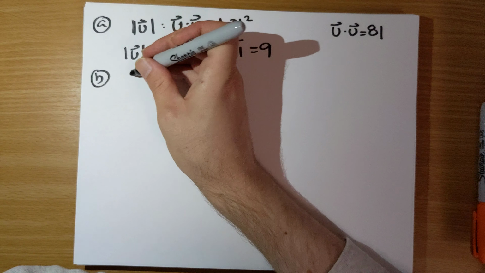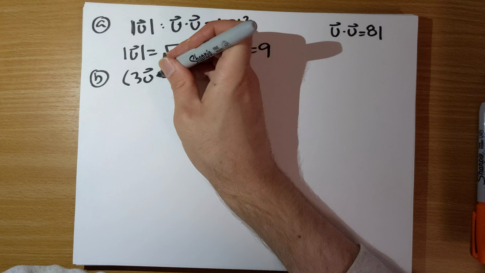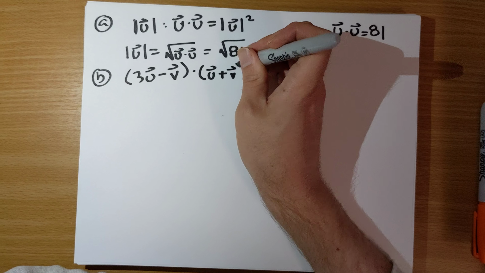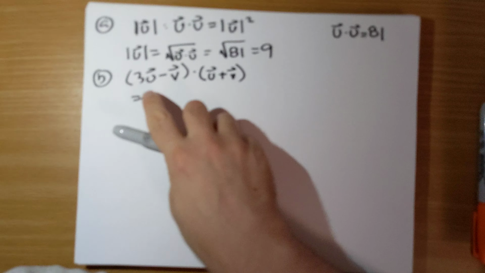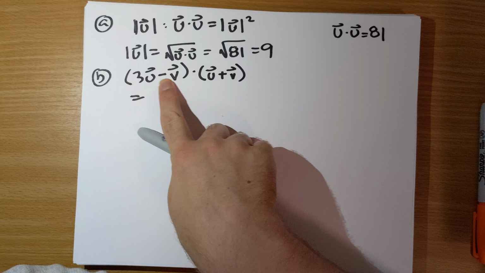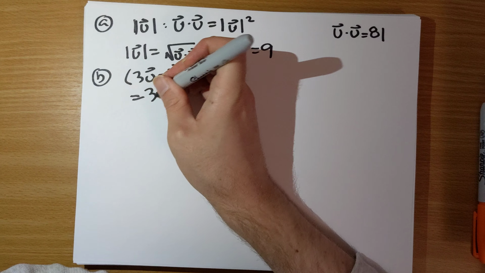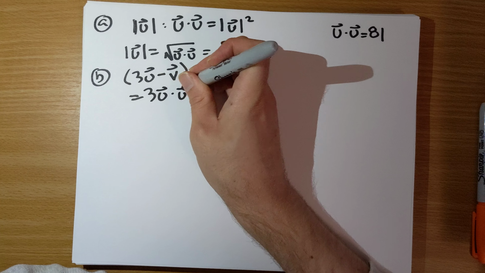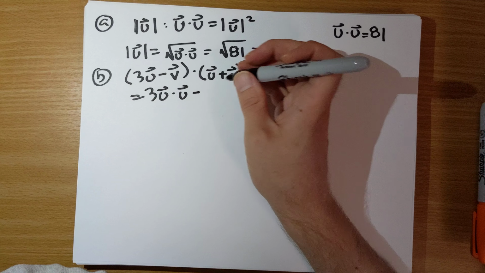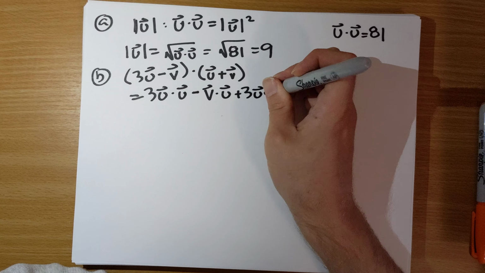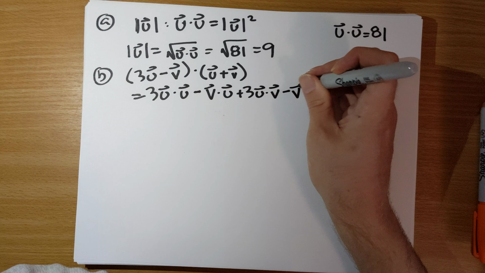For part B, asked about 3u minus v, dot product with u plus v. And when we distribute out this dot product multiplication, we have 3u dot u minus v dot u plus 3u dot v minus v dot v.